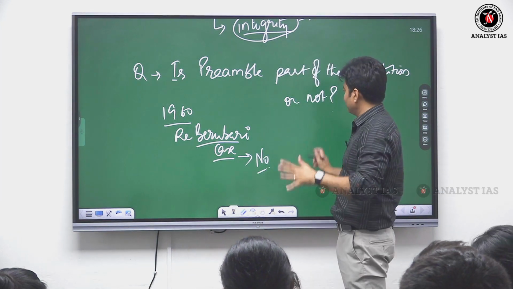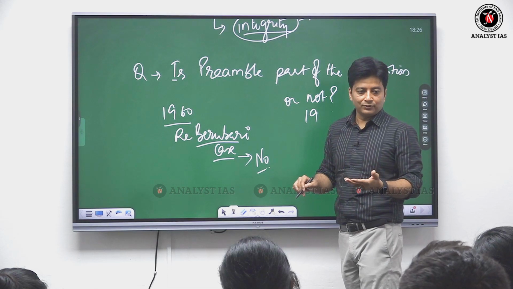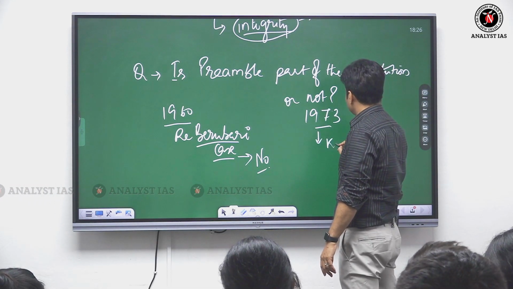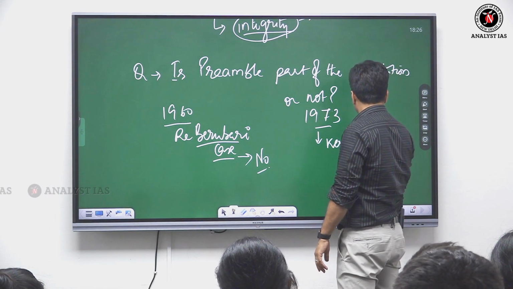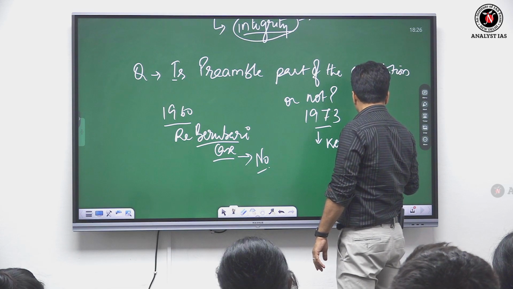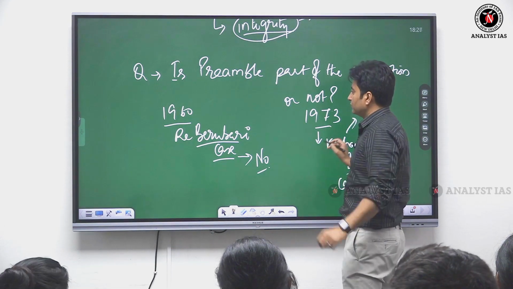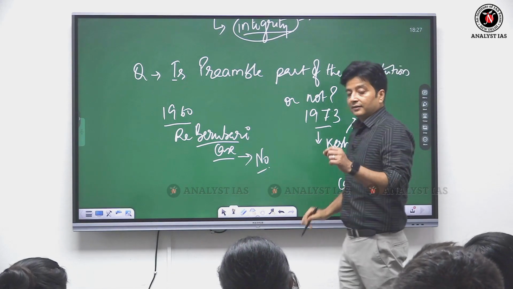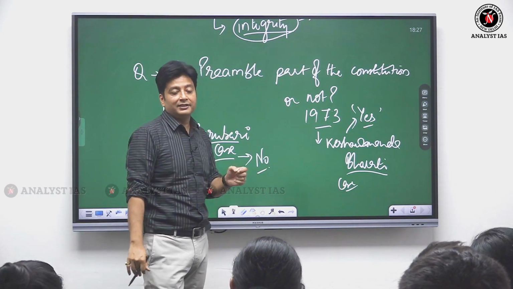And they broadened their ambit and revised their own verdict, as court of record, Supreme Court is, in 1973, Keshavananda Bharati case. The court told that yes, it is part of the Constitution, right? It can be amended also.